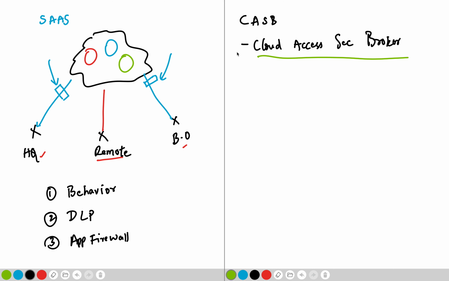And I think the name itself is very self-explanatory. It is doing some kind of intermediary work between the user and the cloud app. So why do we need CASB? I think we have kind of covered that.